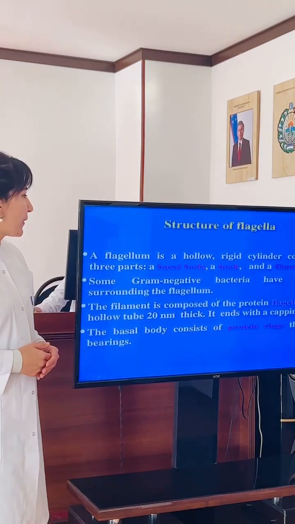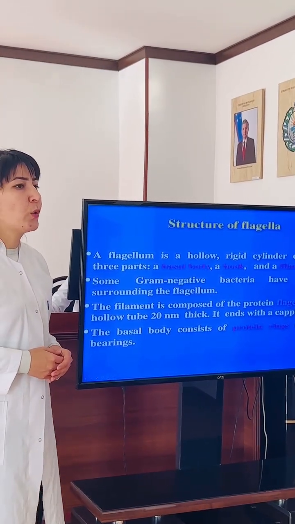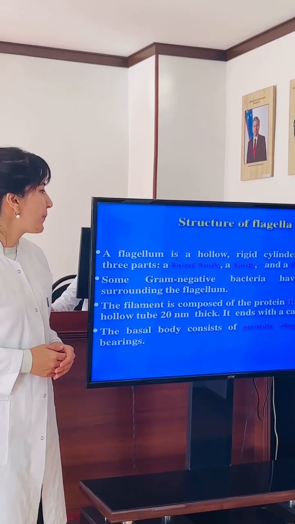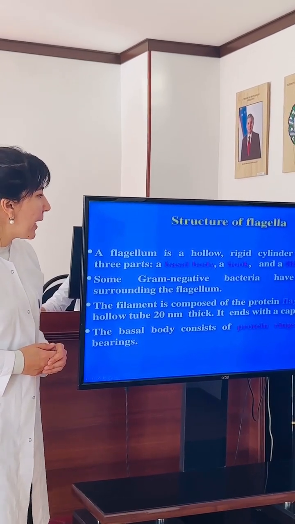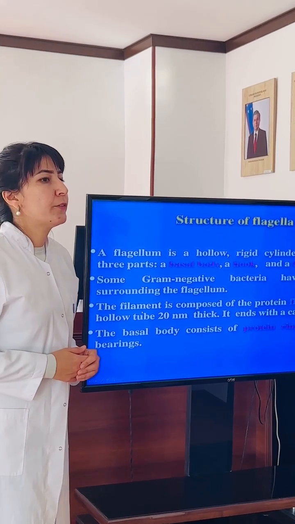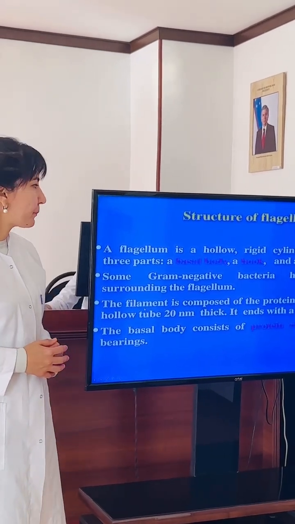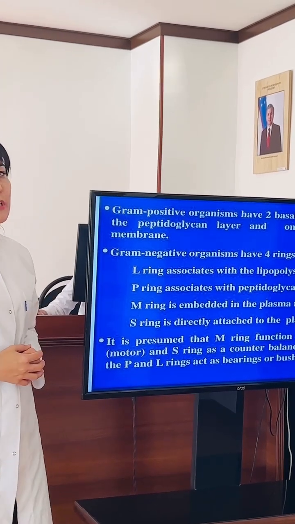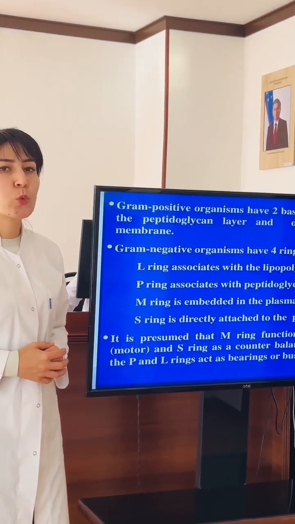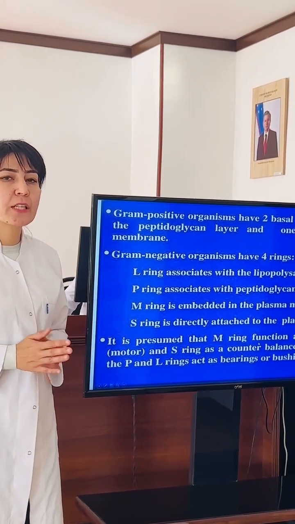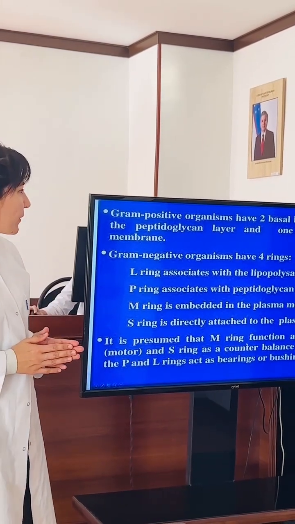Structure of the flagella: the flagellum is a hollow, rigid cylinder composed of three parts, a basal body, a hook, and filaments. And we know about gram-positive bacteria. We divide the bacterial world into two big groups, gram-positive and gram-negative bacteria.